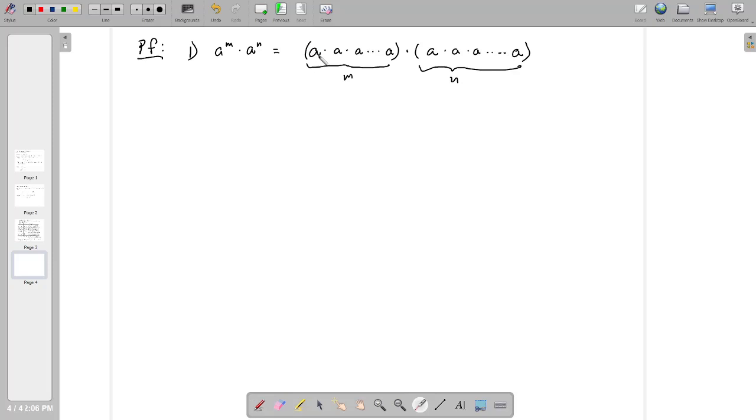So I have m a's here and n a's here. If I drop my parentheses, then we can look at them all in a line, a string of a's together. And how many are there? Well, there's m here and n here, so in total, we have a to the m plus n.